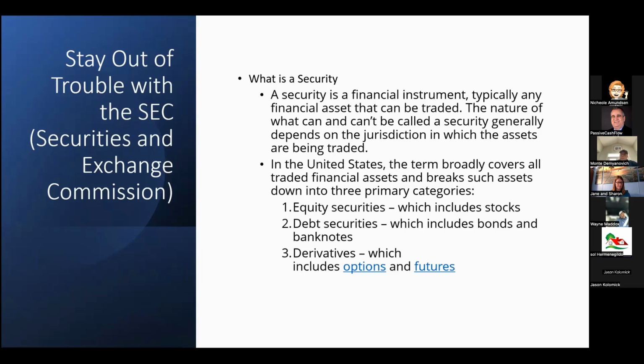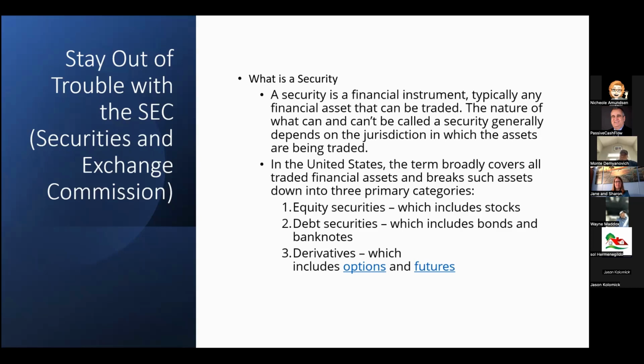Now, most countries also have their own securities rules, and they vary a fair amount. So we're going to limit what we're talking about to the United States, right? And we're generally talking federal, and it generally breaks down into three types of securities.